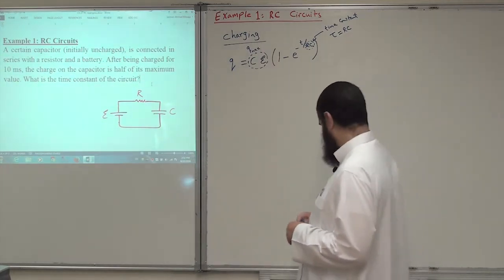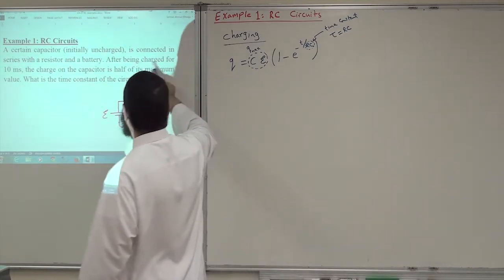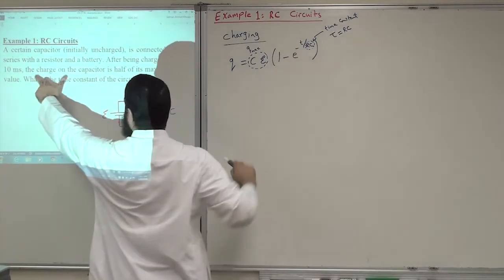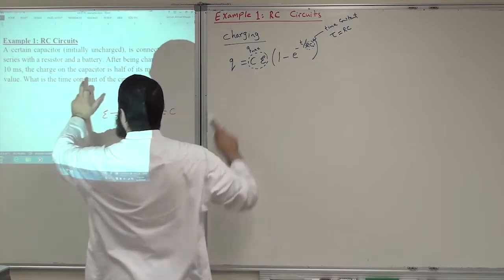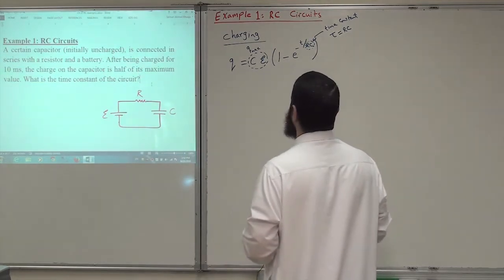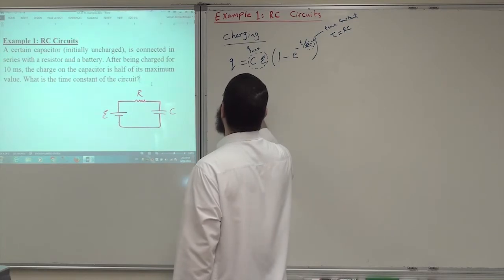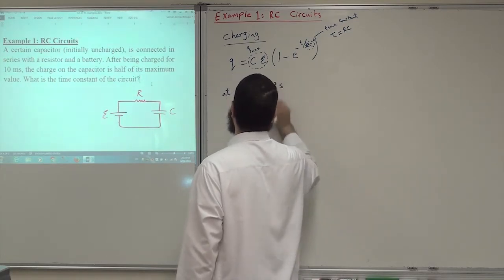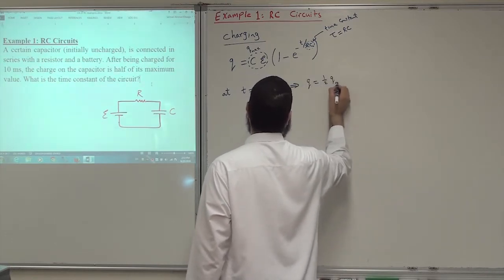Okay, so let us start answering. When we reach time t equals 10 milliseconds, the charge on the capacitor will be half the maximum charge. We want to know how much is the tau or RC of the circuit. So at t equals 10 milliseconds, we have Q equals half Q max.